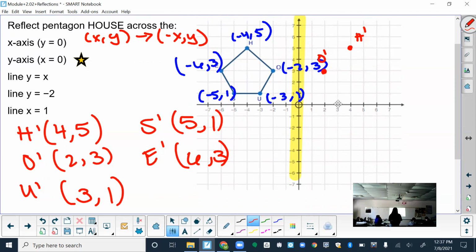All right, and then plot your coordinates. And then what you should notice is the mirror image.